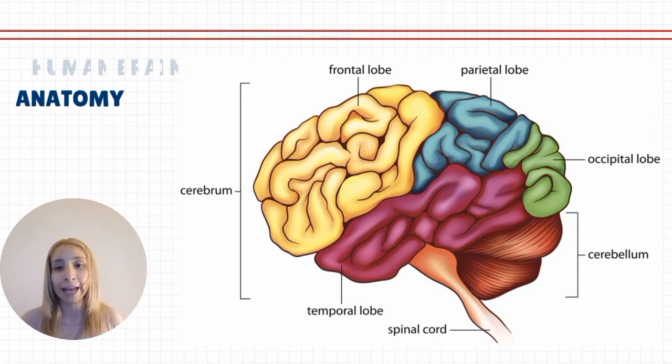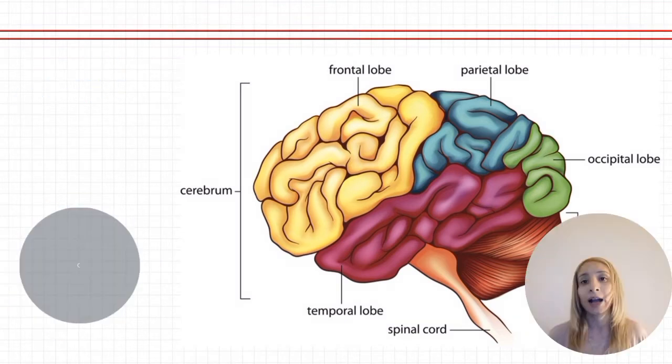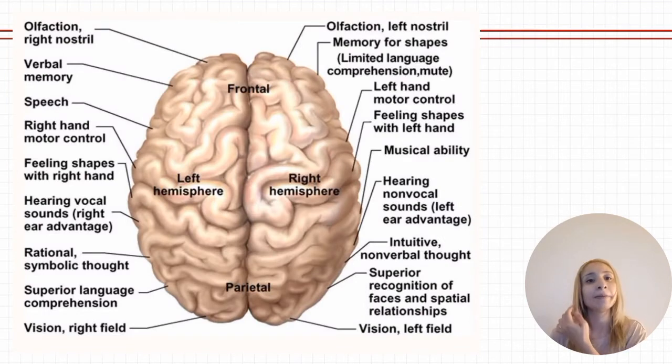Because the left hemisphere of the brain is responsible for language and speech, and is the dominant hemisphere for language processing. However, the right hemisphere plays a large part in interpreting visual information and auditory signals.